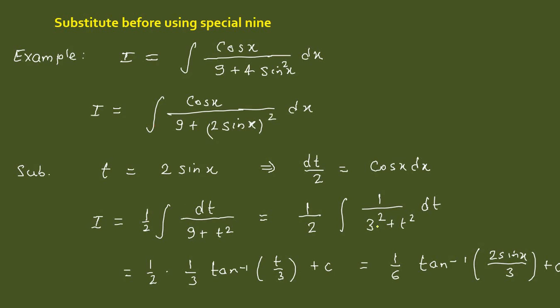And of course this can be written with 9 as 3 square, so we will have the 1 over a square plus x square format, and from there we can apply the special result, that is 1 over a tan inverse x by a, so this is 1 over 3 tan inverse t by 3, and after simplification we will have 1 over 6 tan inverse, and since t was 2 sine x we can substitute it back. So you can see that before applying the special line result we have to substitute first. So this is the idea we have learned from it.